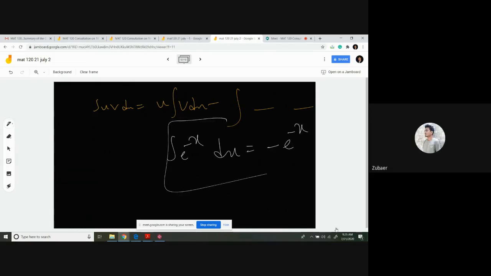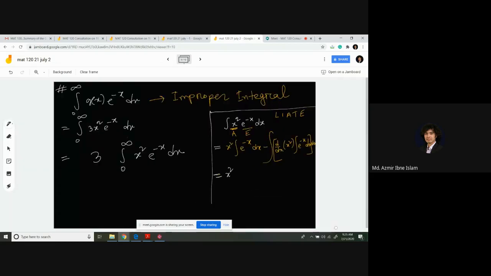So here we are getting negative e to the power negative x, negative integration of, now differentiation of x squared, first solve this one, it is 2x, and here we have integration of e to the power negative x, it is negative e to the power negative x dx. So you are getting negative x squared e to the power negative x, negative negative positive, 2 is constant, x e to the power negative x dx.